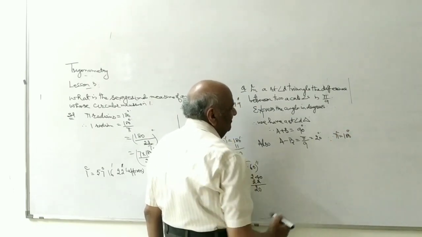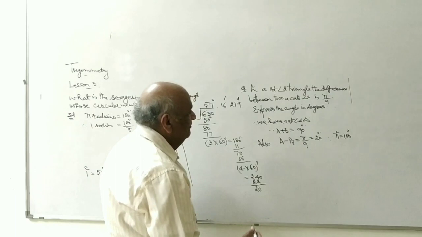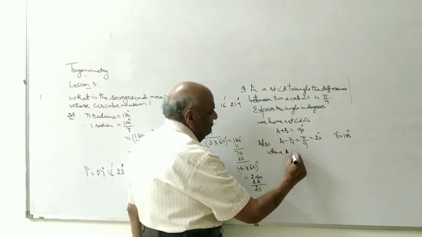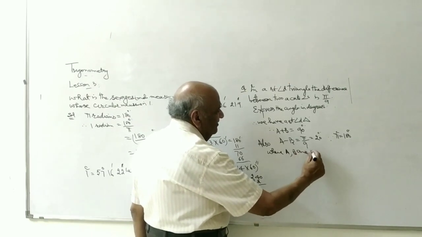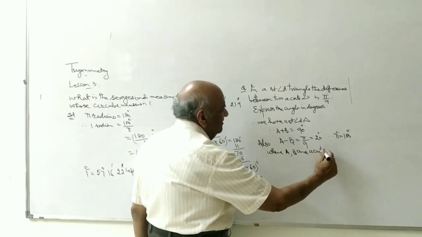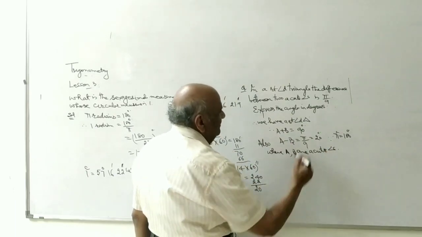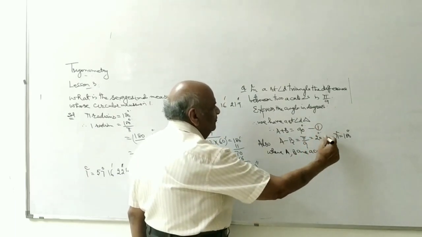Here A and B are acute angles. This is number 1, this is number 2.